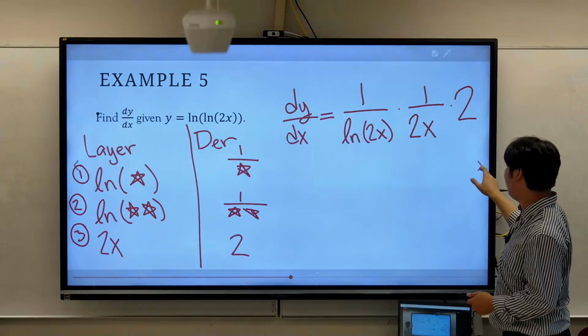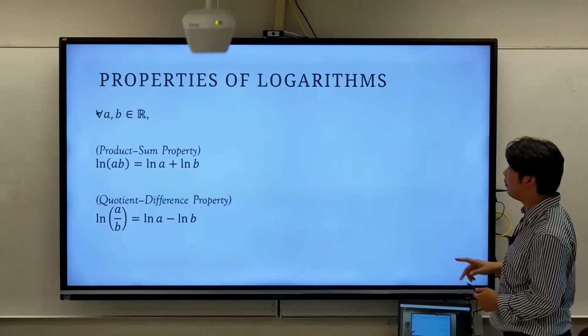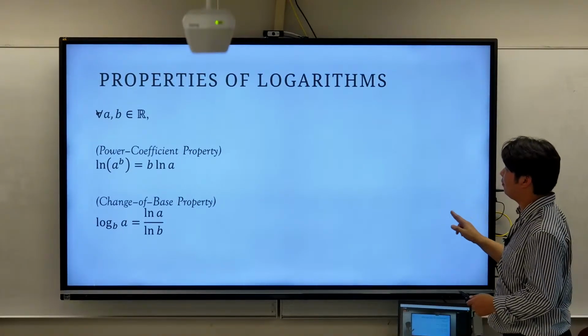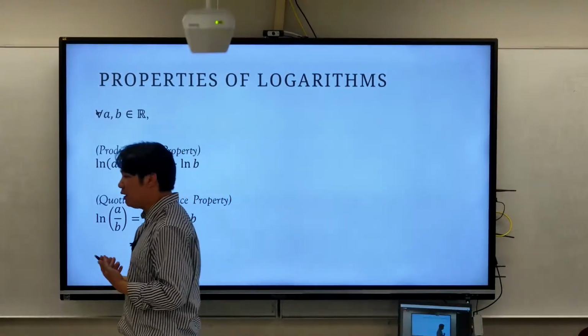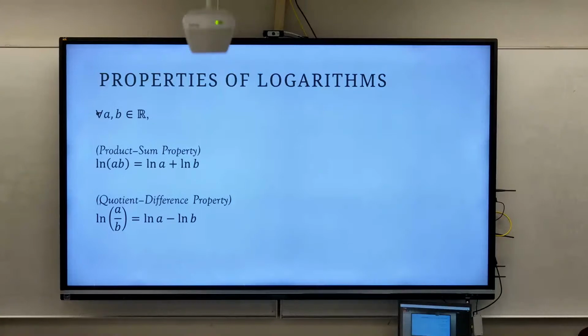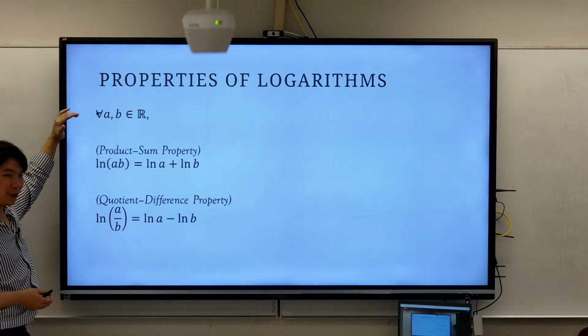So moving on from example 5, let's go ahead and talk about the properties of a logarithm. Oops, go back. So these are just some general properties of a logarithm that I want to mention. I'm going to see why I might want to use them. So if I have any two real numbers, I'm just going to call them A and B. Remember that we talked about this notation before?